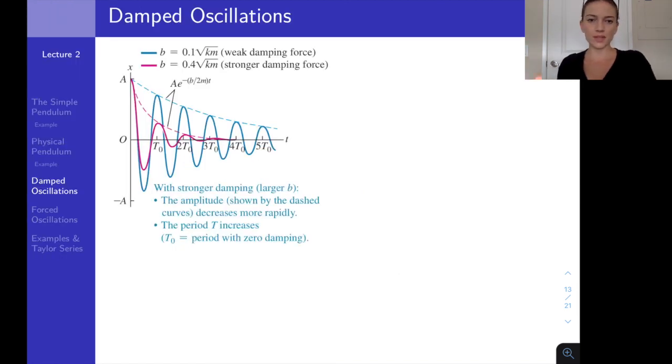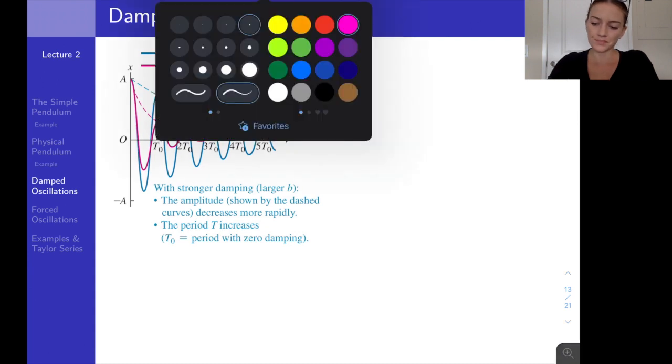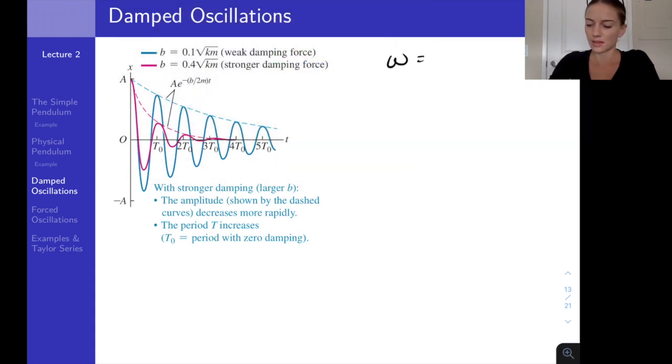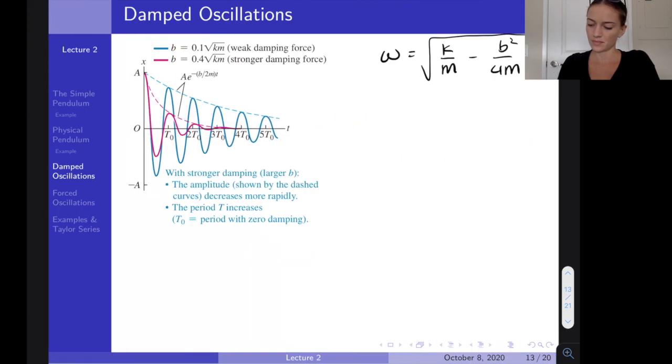Now there are a couple of different types of damping. We have omega is square root of k over m minus b squared over 4m squared. There are a couple different things that can happen here. The first thing is that omega can be positive, right? If omega is positive and your system is oscillating like this, that means that k over m is greater than b squared over 4m squared.